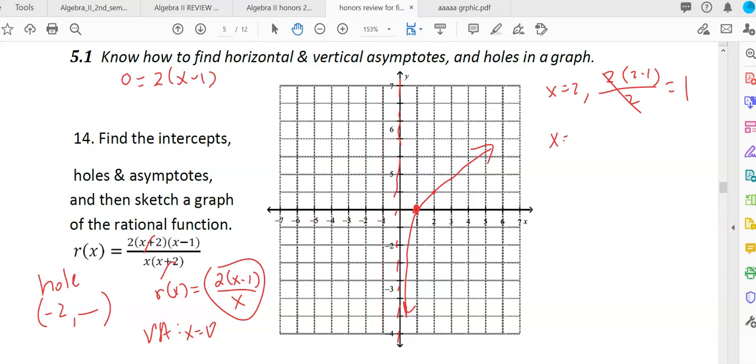I'm going to plug in -1 to see what happens here. So if I plug that in, I get 2 times -1 minus 1 is -2 all over -1. So I get -4 over -1, which is +4. -1, 4. Whoops. Right there.